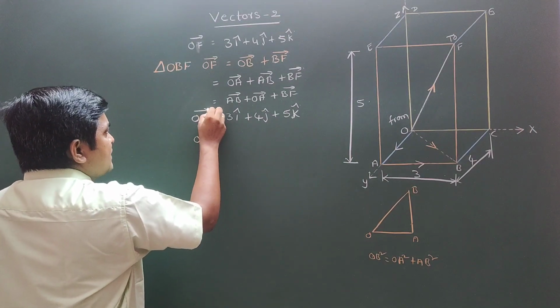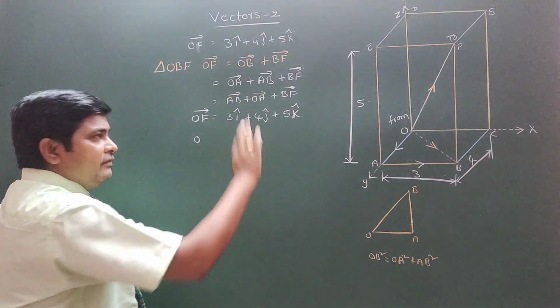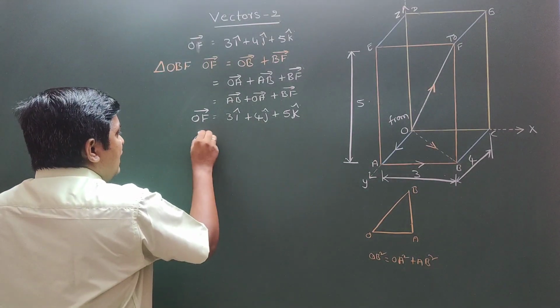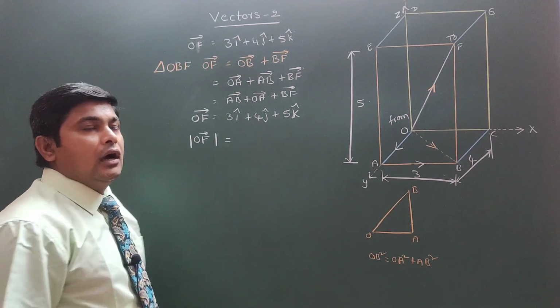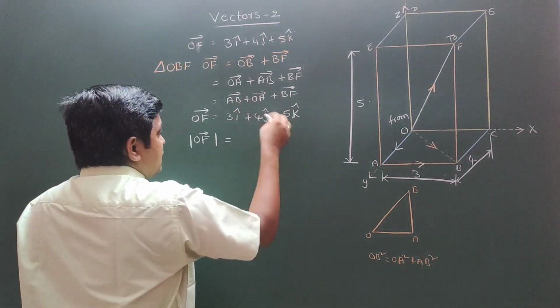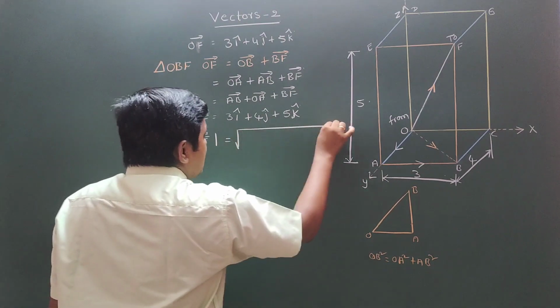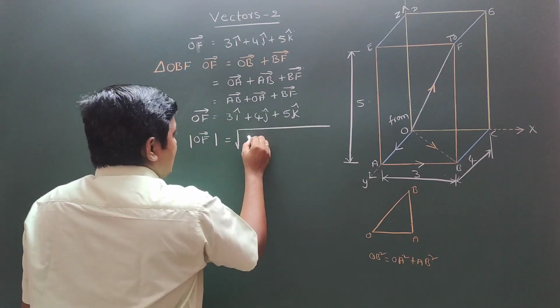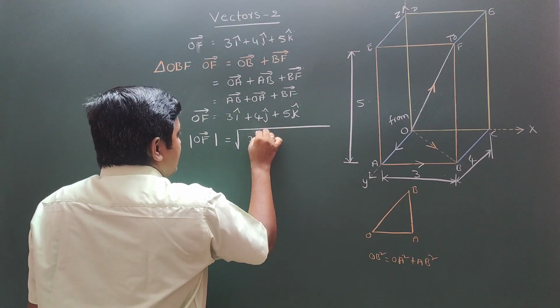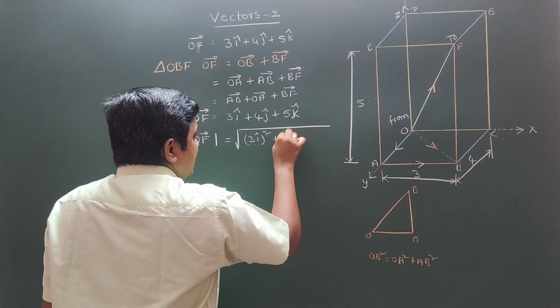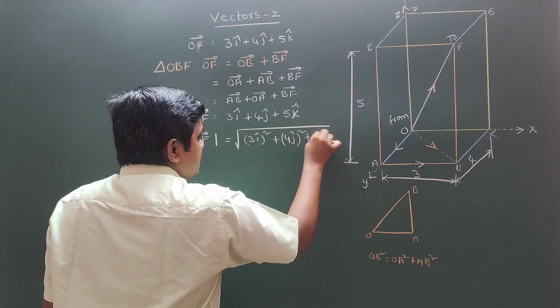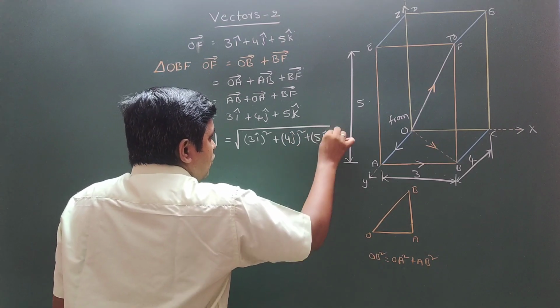Whenever it is represented with the arrow, it is a vector. But for the OF bar magnitude, the modulus, if you write the modulus, you take the square root of those values squared to get the magnitude. For example, (3i cap) whole square plus (4j cap) whole square plus (5k cap) whole square.